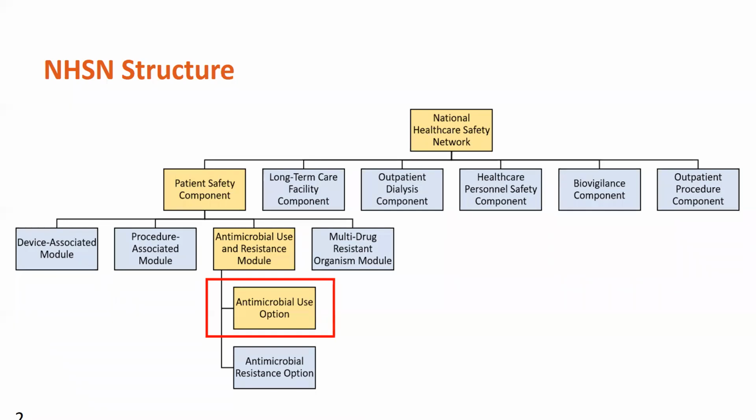Like I said before, many of your facilities are probably already reporting to the device-associated module, where facilities report bloodstream infections, UTIs, perhaps ventilator-associated events, and the procedure-associated module, where the surgical site infections are reported. And the multi-drug resistant organism module is where the laboratory-identified MRSA and CDI events would be reported. So today, we're just going to talk about the antimicrobial use option, that small piece of NHSN.